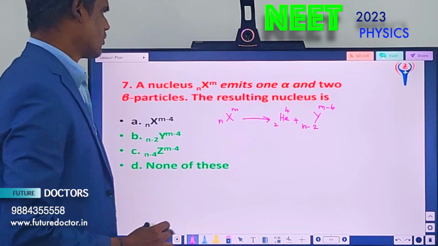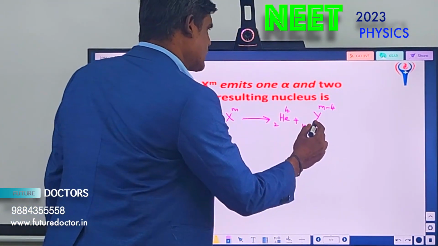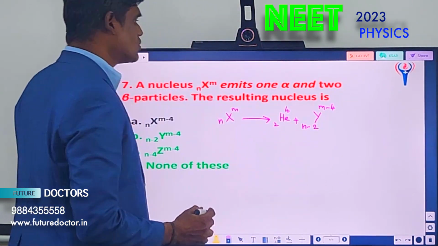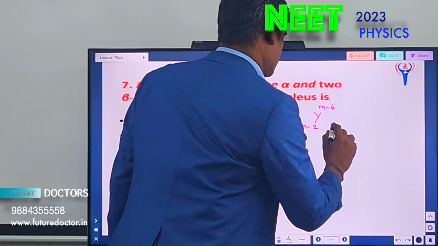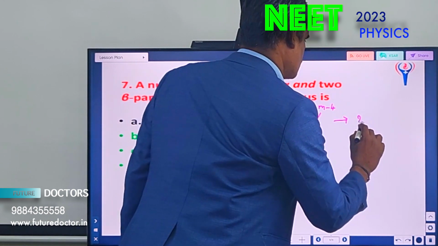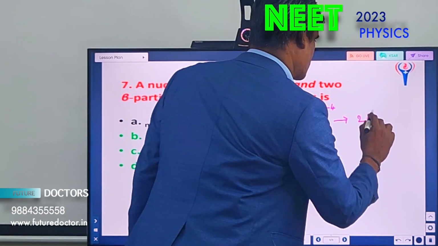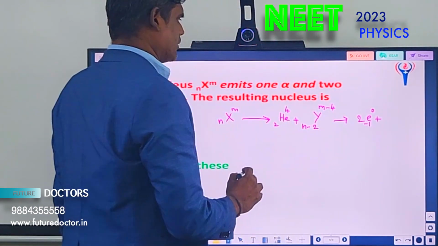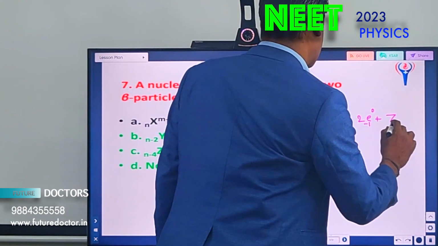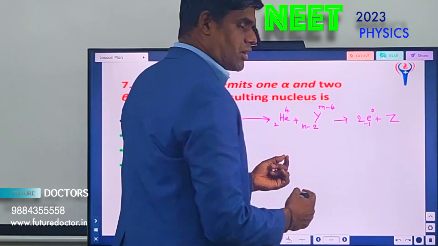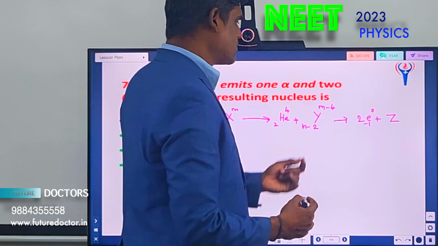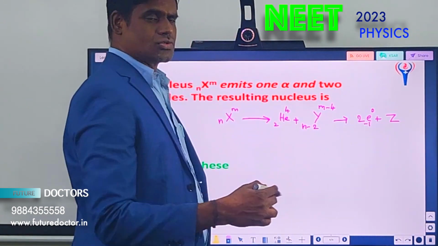So the nucleus Y with n minus 2 and m minus 4 again emits 2 beta particles, each being an electron, e minus 1, 0. Consider the resulting nucleus as Z. With each beta emission the atomic number increases by 1, so for 2 electrons it increases by 2.